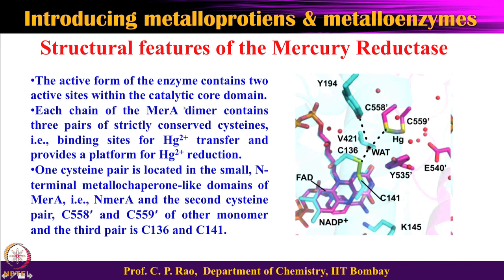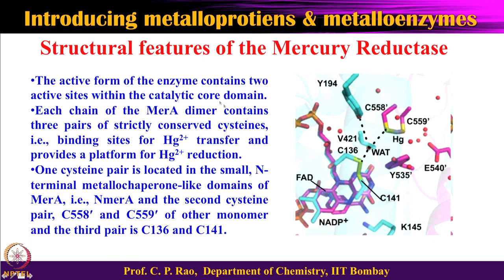Let us look at some important structural features of mercury reductase. Mercury reductase has a dimeric structure, as I mentioned based on the previous slide, and therefore it has two active centers, called the catalytic domains.